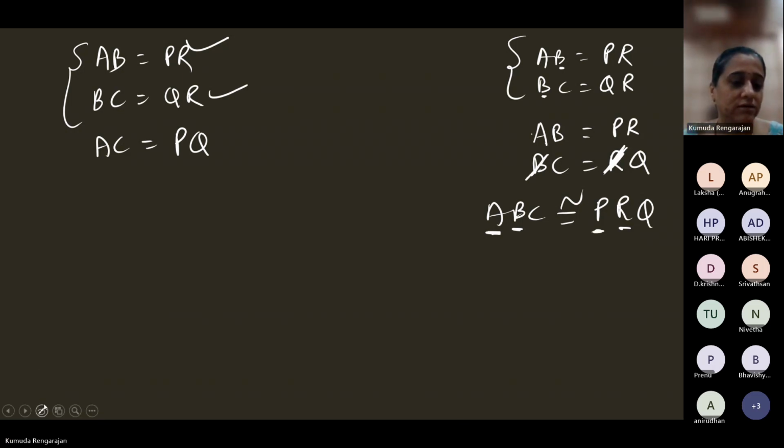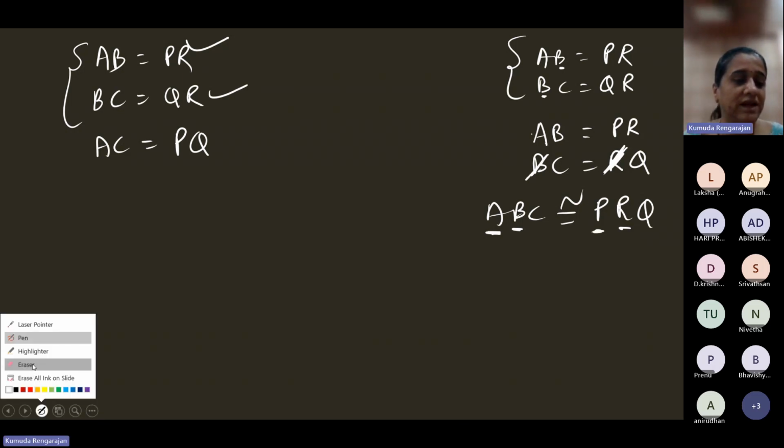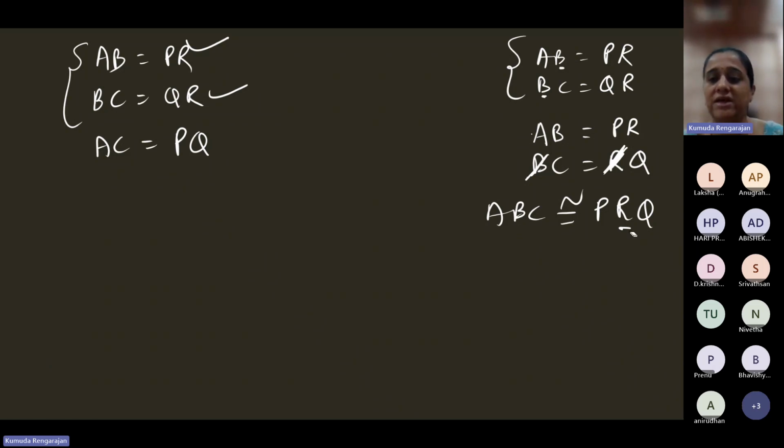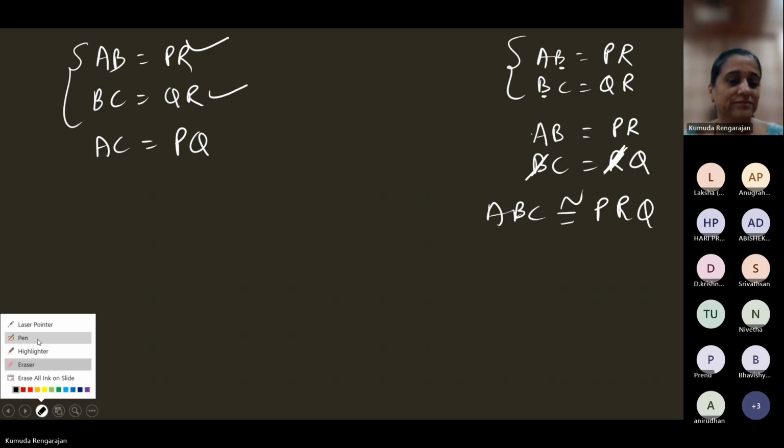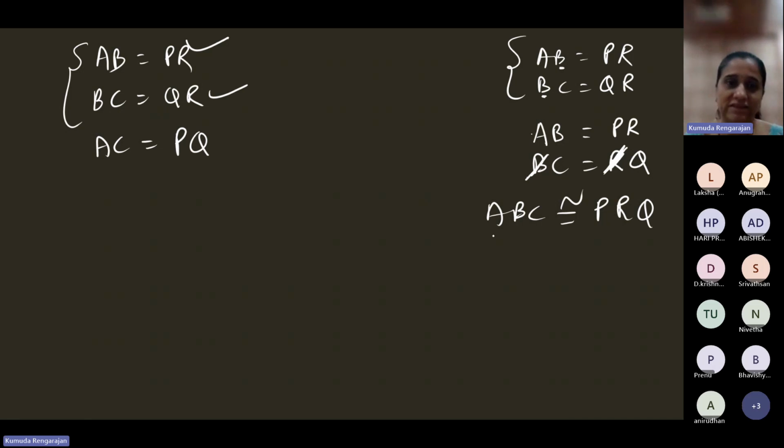See, there are exceptions. In the case of equilateral triangles, you place it in any way, they'll coincide, because all the three sides are equal, all the three angles are equal. So equilateral triangles, you place it in any way, they will coincide. So we are talking in general.